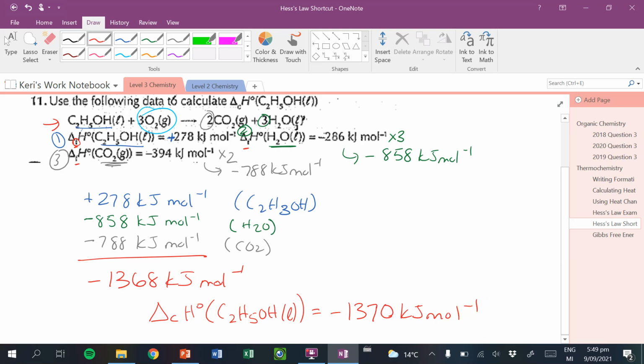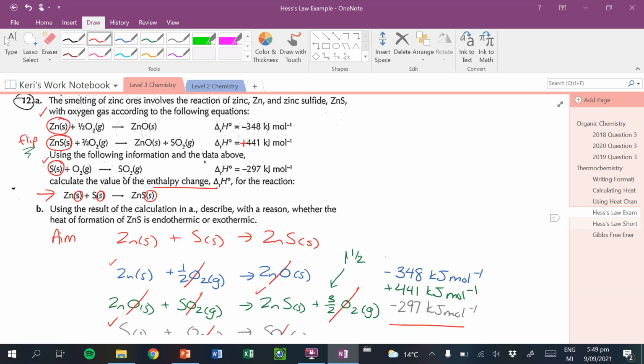But like I said, the shortcut only works if everything you have is given in formation. If it's not given in formation, then you're going to need to do what I did in that first example. And like I said in last week's lesson, all this stuff about formation and combustion equations and writing them out will come into play now. So sometimes they're nice and they give you the equations.